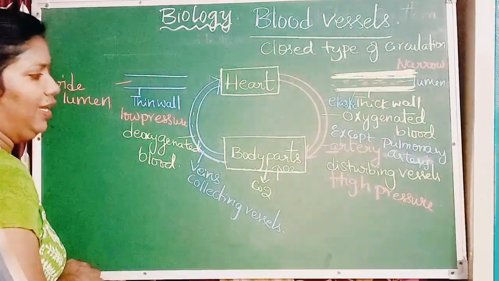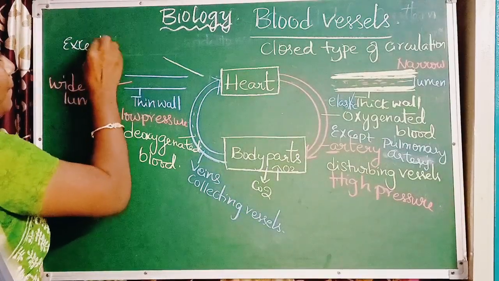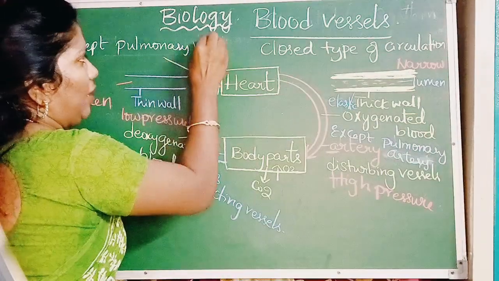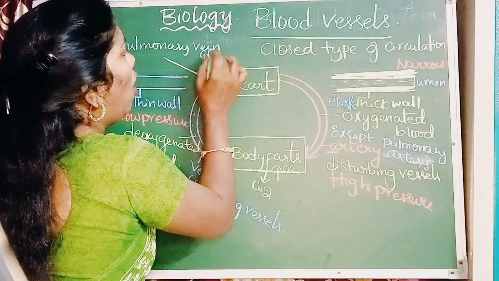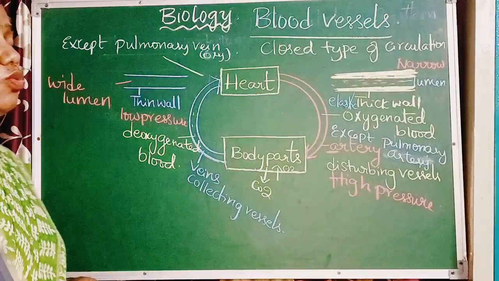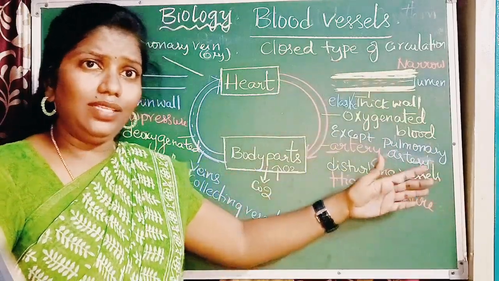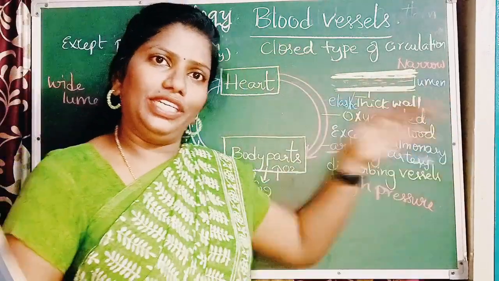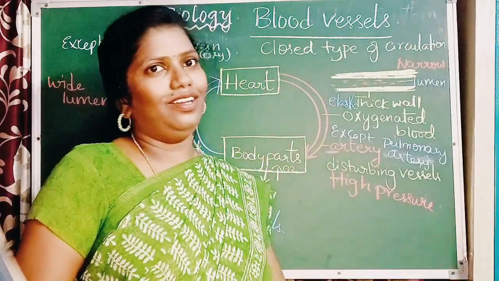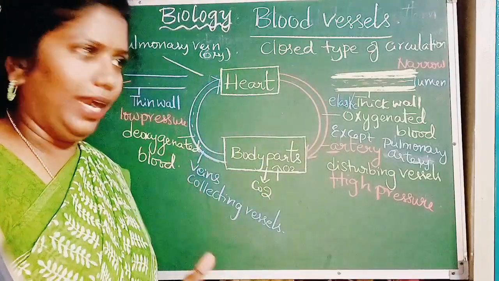Except pulmonary vein, all veins carry deoxygenated blood. That means it is carrying oxygenated blood. So this is one of the main important things you have to remember. Except pulmonary artery, all the arteries carry oxygenated blood. Except pulmonary vein, all veins carry which blood? Deoxygenated blood. Pulmonary vein carries oxygenated blood.